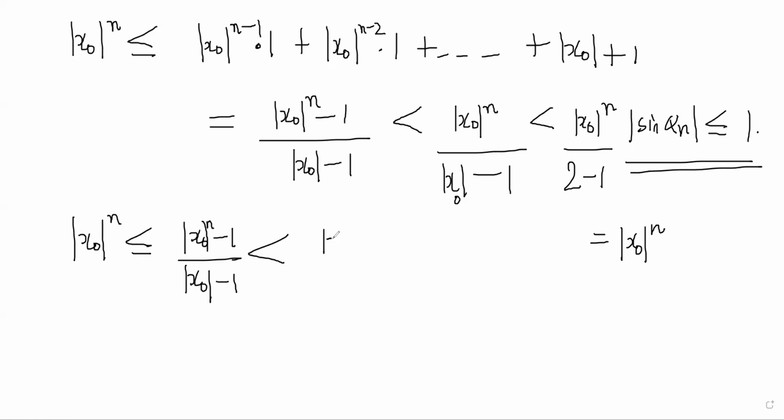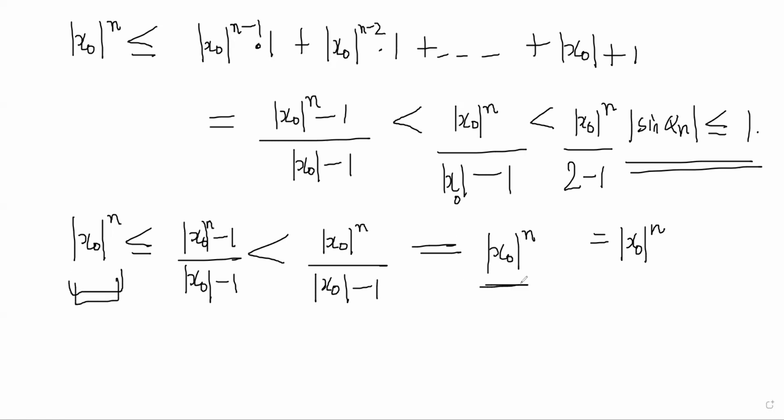So ultimately we are getting an inequality: mod of x naught power n is less than mod of x naught power n, which is a contradiction. If you just focus on the first and last terms here, you cannot have a strict inequality between these two quantities which are the same, right?